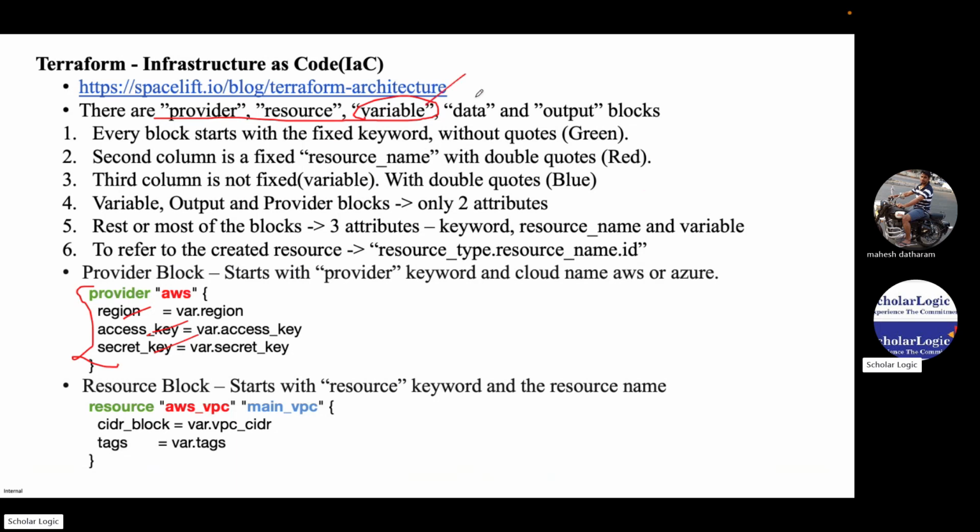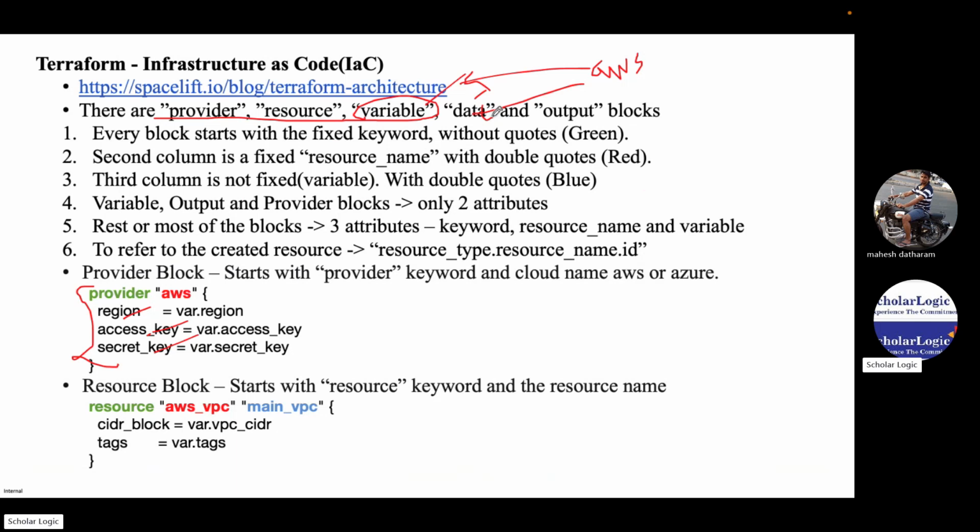A variable should be created. Data is all about fetching some information from the AWS cloud and putting it in your Terraform state file. For example, you have a VPC that is already created and you want to know the VPC information. You just write a data block, pull that information, and keep it in your Terraform code.